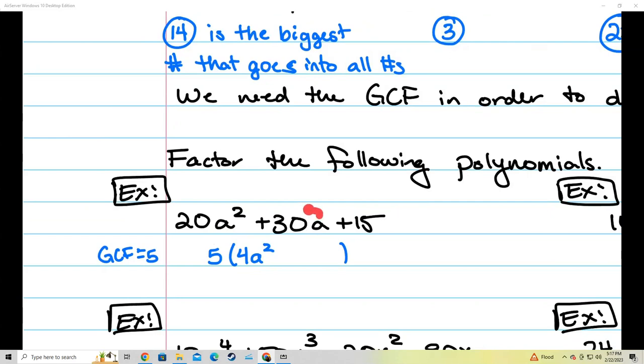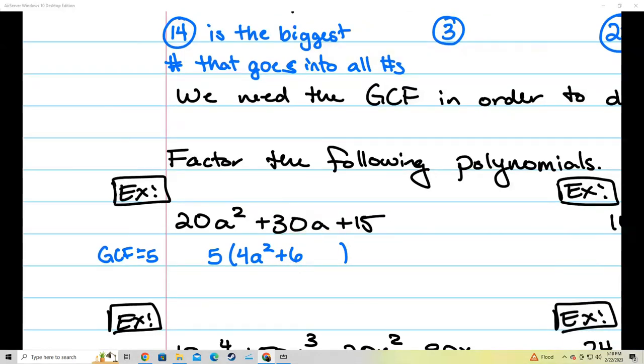All right, now I'm going to focus on the middle term. What do I need to multiply 5 by in order for me to get 30a? Well, I know that 5 times 6 will give me 30, but I don't want just 30. I want 30a. So I don't need this to be just 6.